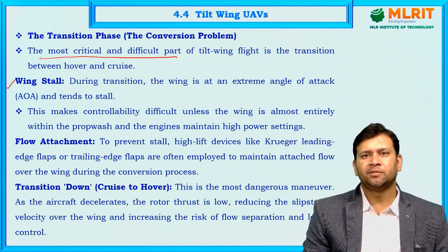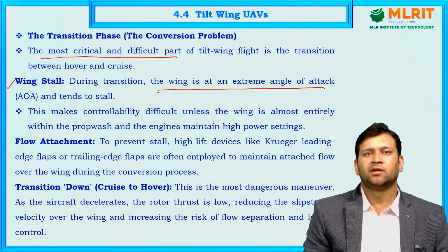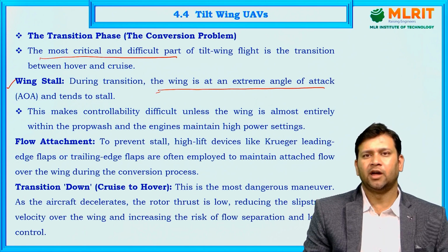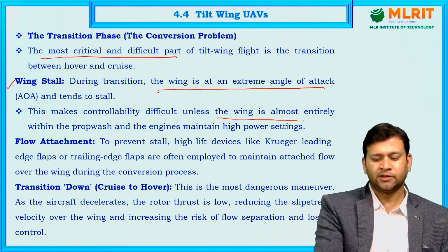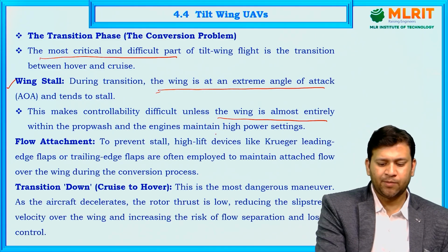During transition, the wing is at an extreme angle of attack and tends to stall. This makes controllability difficult unless the wing is almost entirely within the prop wash and the engines maintain high power settings.